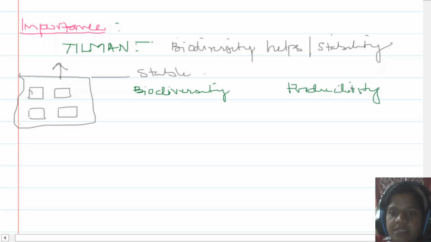And he measured the productivity by the biomass, the weight of the product after whatever time scale that he had.